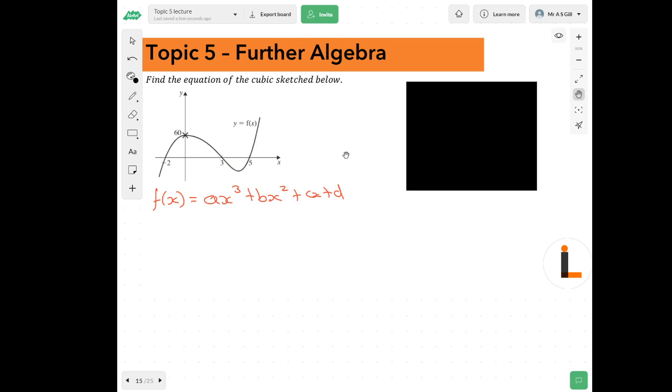We can already say, well, this has to be x plus 2, x minus 3, and x minus 5. But what we don't know is if there is some kind of multiplier outside here. So we write that constant in as a. We don't know if that exists or not.